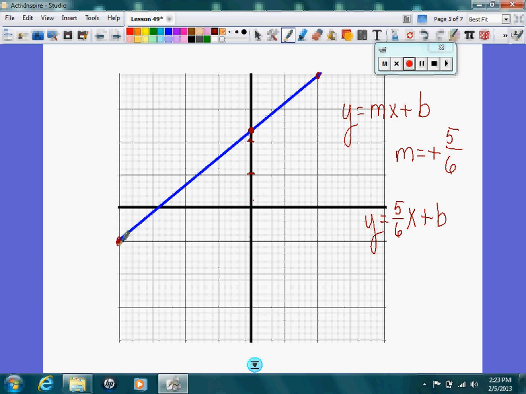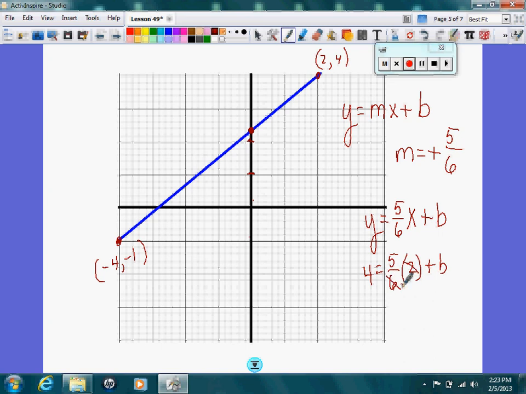The coordinates of this point would be minus 4, minus 1, and the coordinates of this point would be 2 and 4. Let's use this one since they're positive. The y value for this point is 4, equal to 5/6 x, and the x value for that point was 2, plus b.